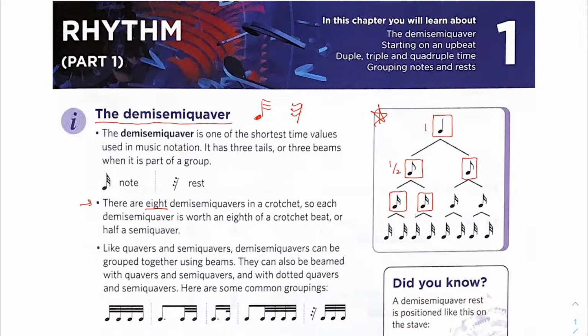Each semiquaver would be a quarter of a beat. And if you split the semiquaver into a half, it becomes a demisemiquaver, which is 1/8 of a beat. And we can see that in a crotchet there are 2 quavers, 4 semiquavers, and 8 demisemiquavers.